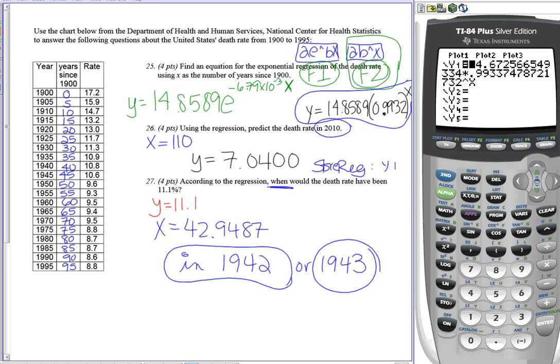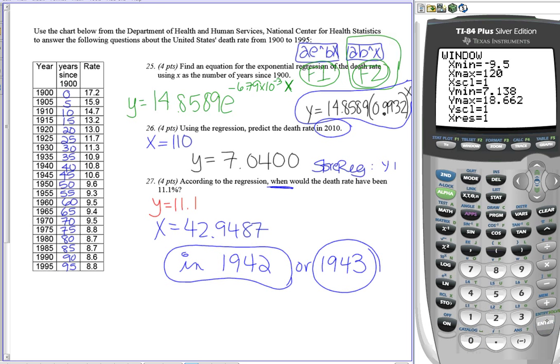So I'm going to go to graph, and I want to calculate the death rate in 2010. So I need to put in x equals 2010, or 110 years after 1900. The easiest way to do that is go to trace, and if I type in 110, I don't know if it's going to fit in the window or not. It's saying not found. What I need to do then is go to my window and make my window a little bigger. I'll make it 120. That should be plenty big.